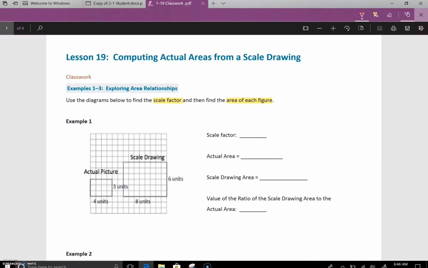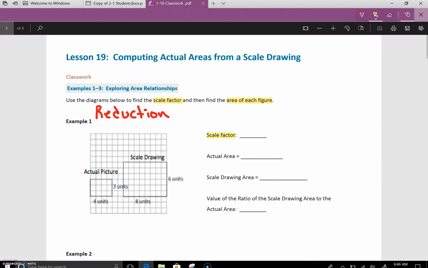So if you look at example 1, we have two rectangles. One of them is a scale drawing, and then the other is the actual picture, which is shrunk down, so it's a reduction of the actual picture. And the first thing they want us to do is find the scale factor.